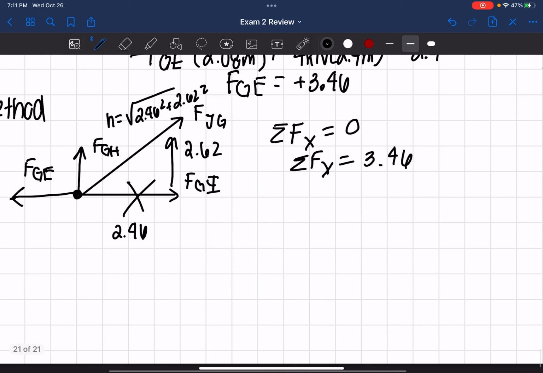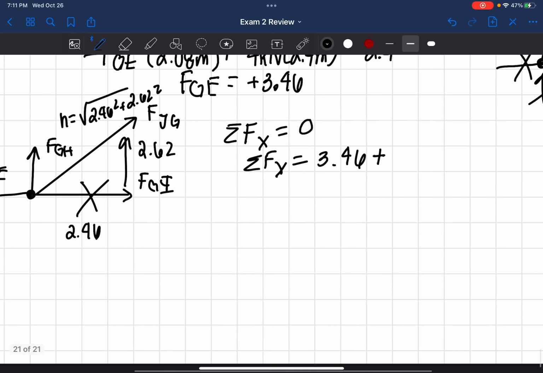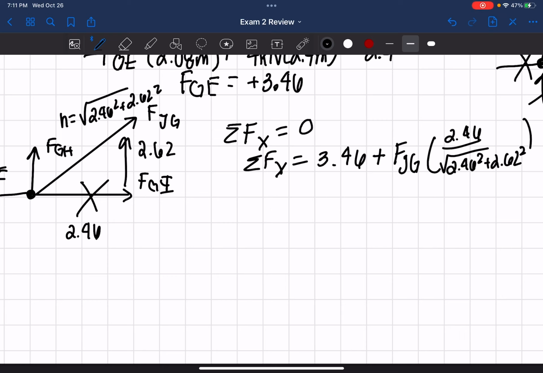So that means that that's going to be positive. FJG is going to be this 2.46 over radical 2.46 squared plus 2.62 squared, and we get FJG is equal to 5.12 kilonewtons.